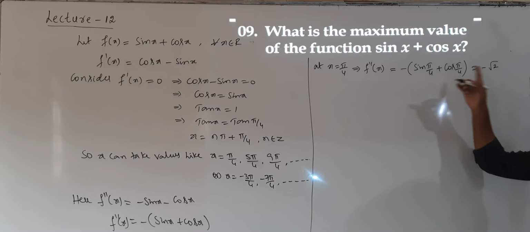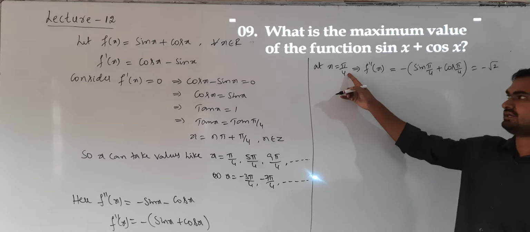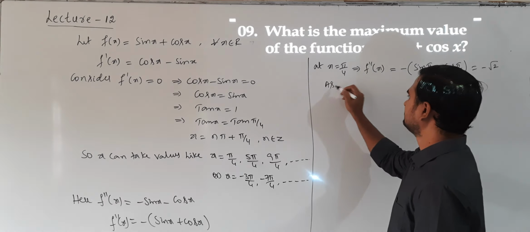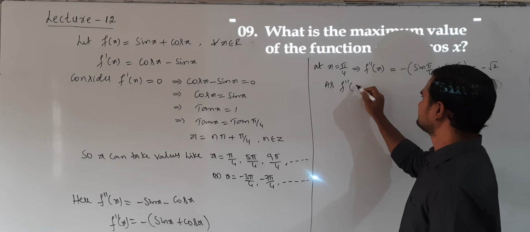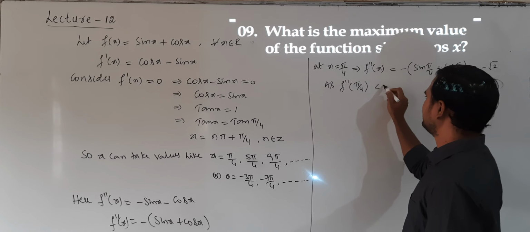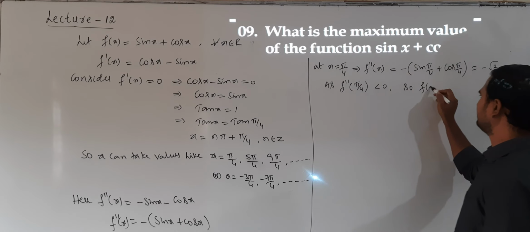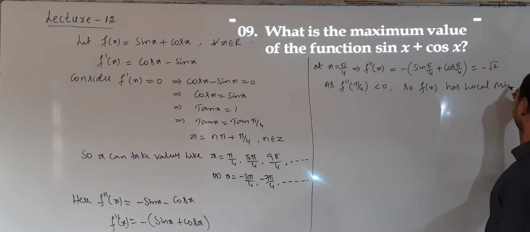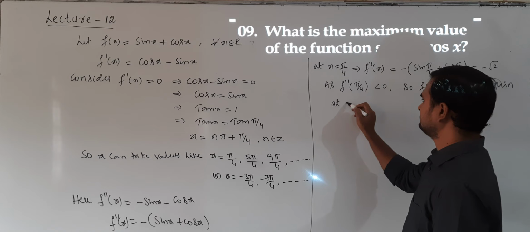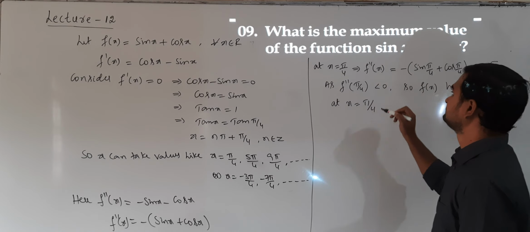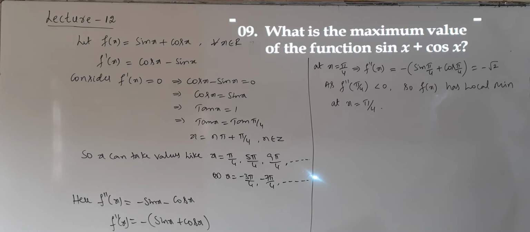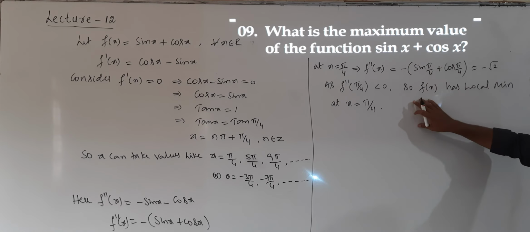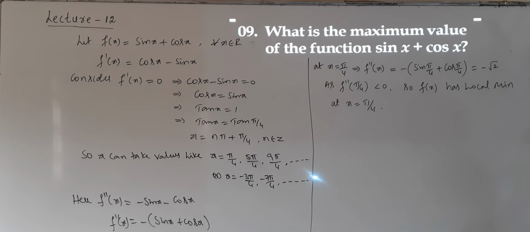So the second derivative is negative. But we are finding the maximum value, so we don't have to find the local minimum value.